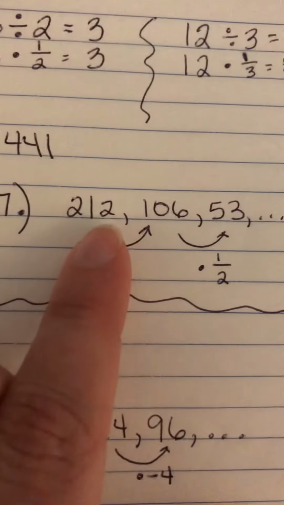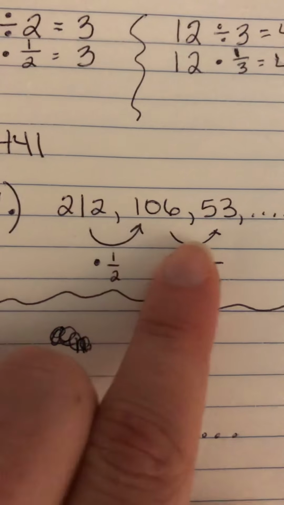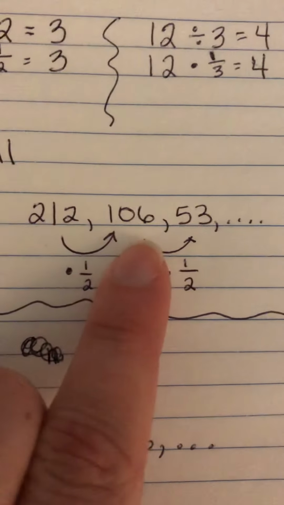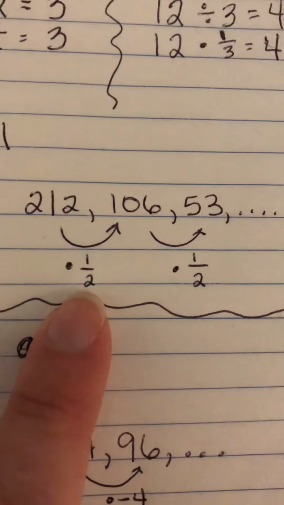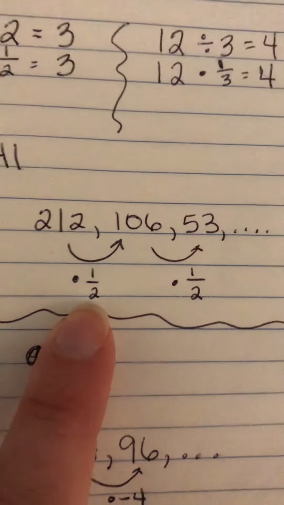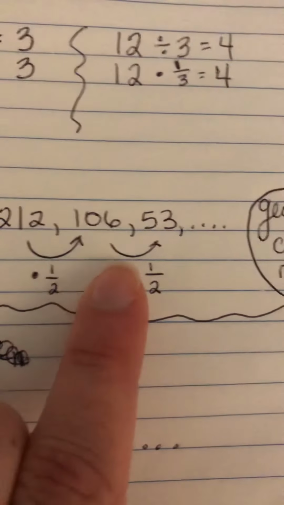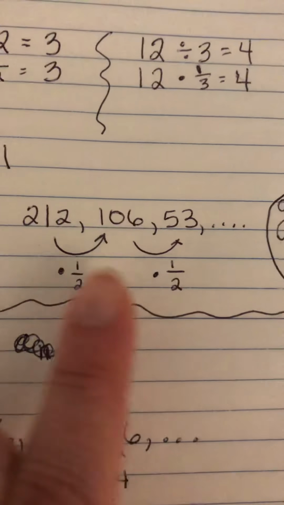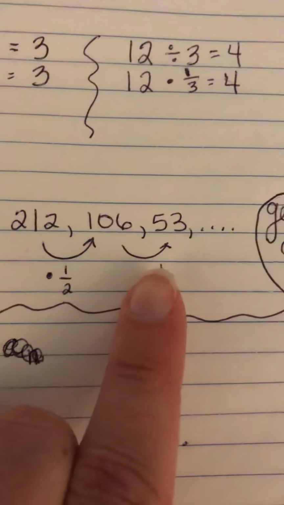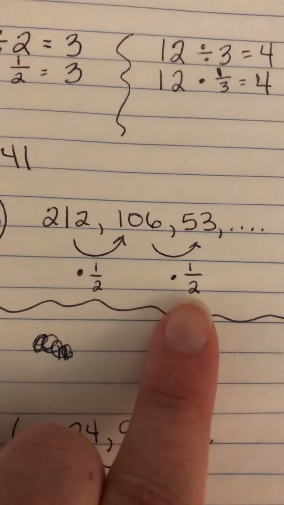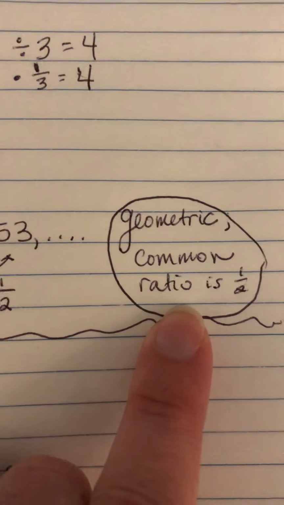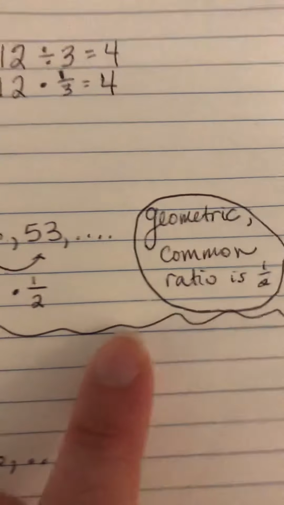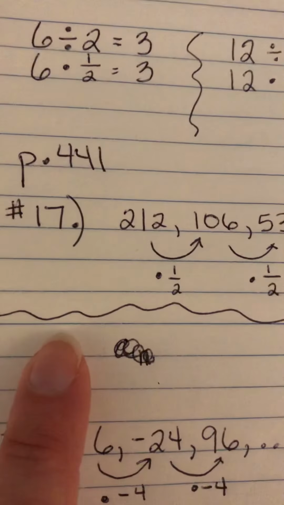And some of you very quickly can tell you're just dividing by 2, right? It's just half of it each time. So dividing by 2, we talked about, is the same as multiplying by a half. So that is constant, and you are multiplying or dividing, so that does make it geometric. And then your reason can be because the common ratio is a half. Okay, so that was for number 17 on page 441.